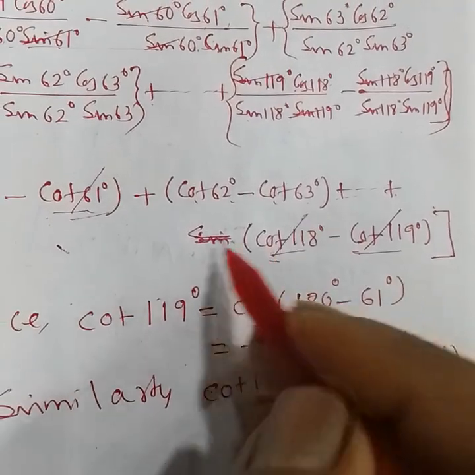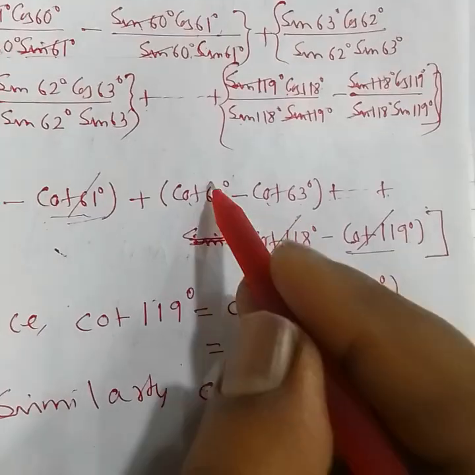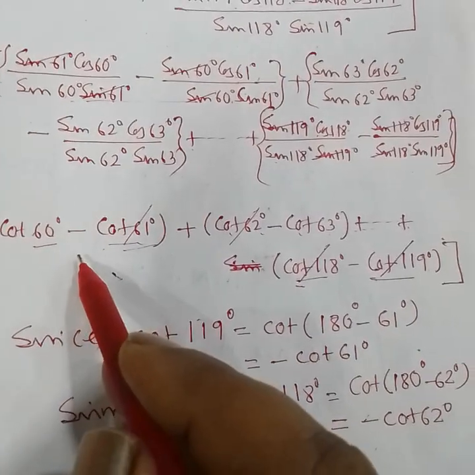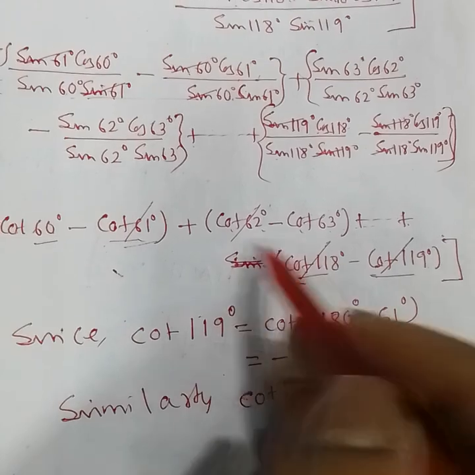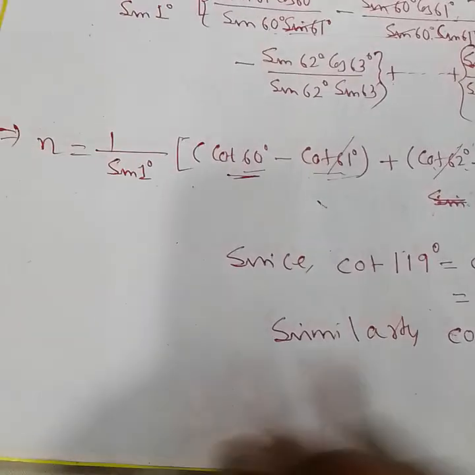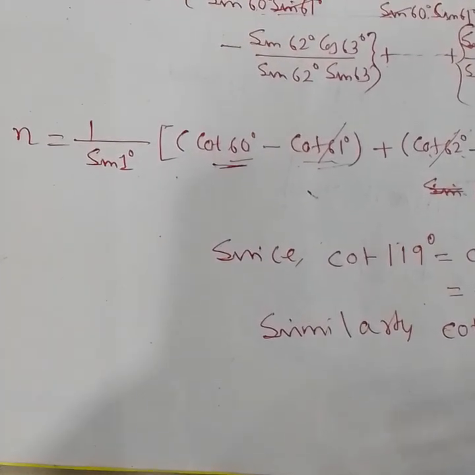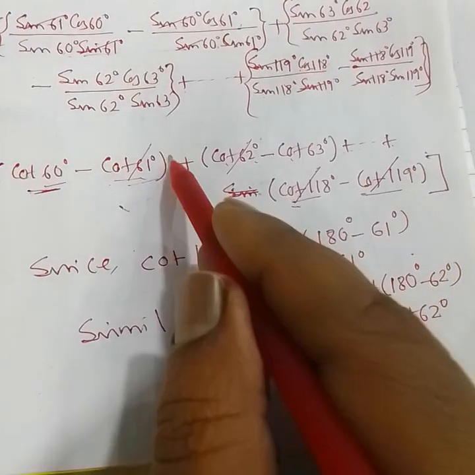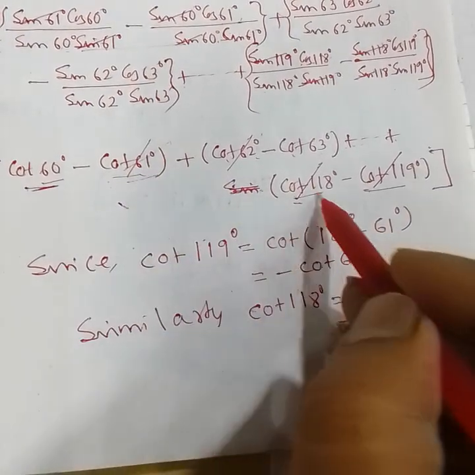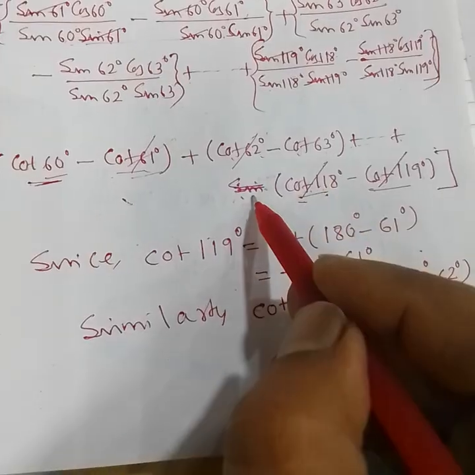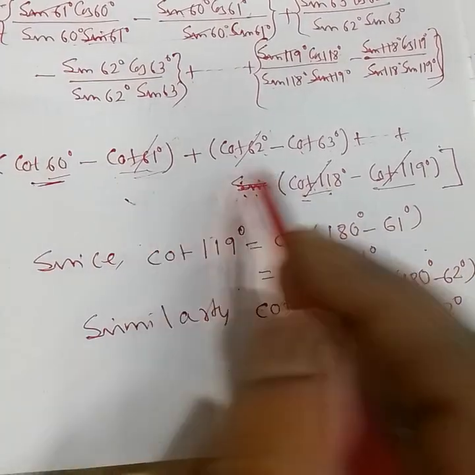So it will be cancelled with this one. Following this method, we will see that all the terms will cancel, leaving only the first one, cot 60 degree. Each term will be cancelled by the term that comes before it.